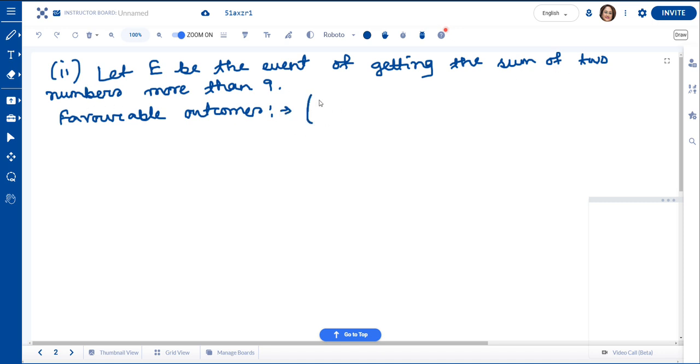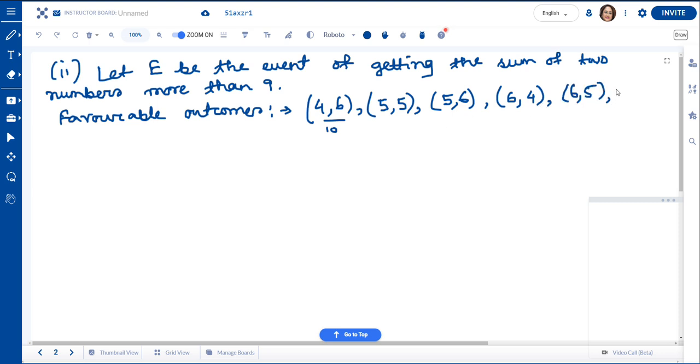So we can consider 4, 6; 5, 5; then 5, 6, because they start from 10, right? Then 6, 4; then 6, 5; and 6, 6. So total how many? 1, 2, 3, 4, 5, 6.